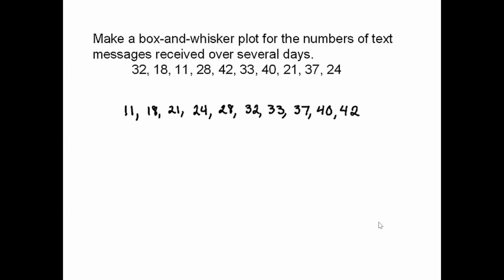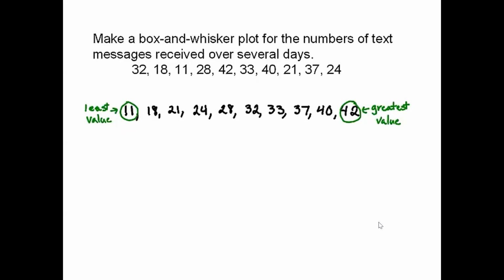Now that the data is ordered, we can see that the least value is 11, and the greatest value is 42. Next, we need to find the median. Remember, to find the median, cross out values from left and right until only 1 or 2 values remain.